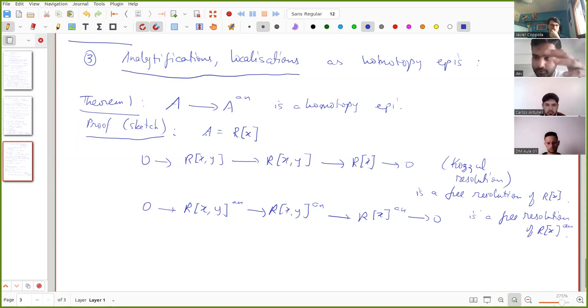Now, the whole reason why I mentioned all this about relative homological algebra is that the freeness comes for free, because this is just R[X], tensored over R, analytified. And these were precisely the free bimodules.